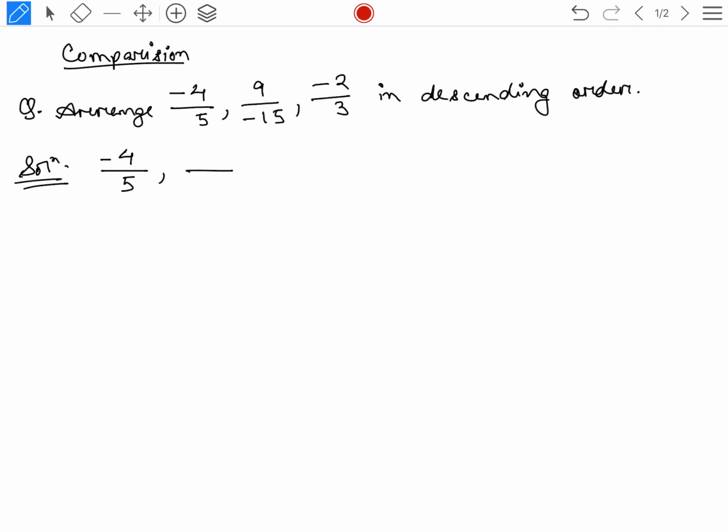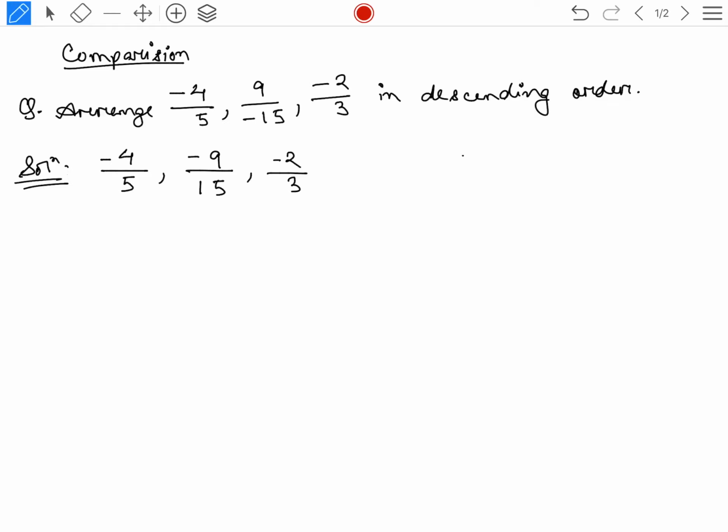So we'll just interchange the signs. So +9 will become -9 and -15 will become +15. Okay. And again, third one, the numerator is negative, so it is all right. -2/3. Understood?